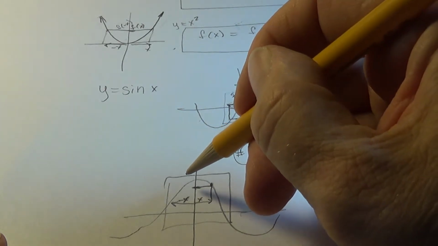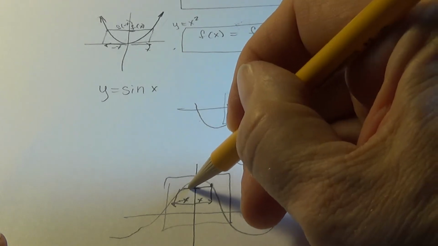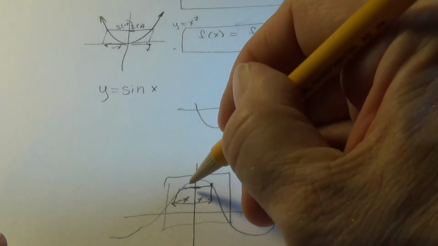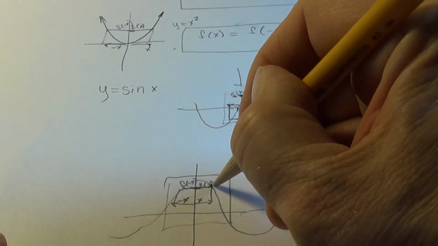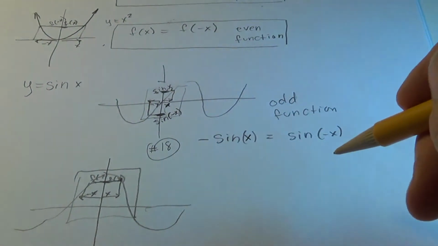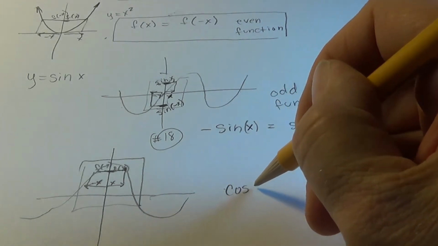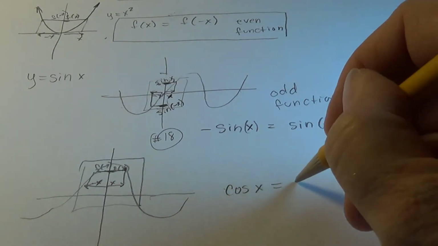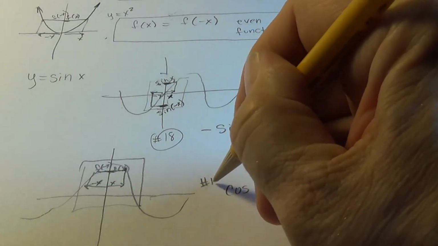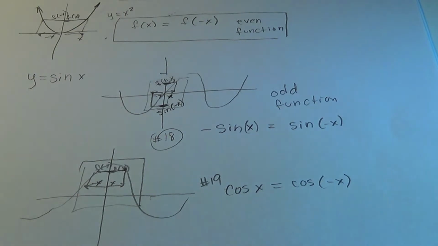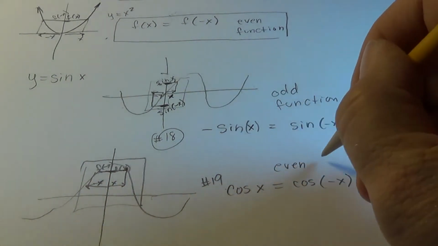Notice that value is here. So therefore, they're the same. So f of minus x and f of x are the same, which is a characteristic of an even function. So we can say cosine of x is the same as cosine of minus x. There's number 19. So that reflects the fact that cosine is an even function.